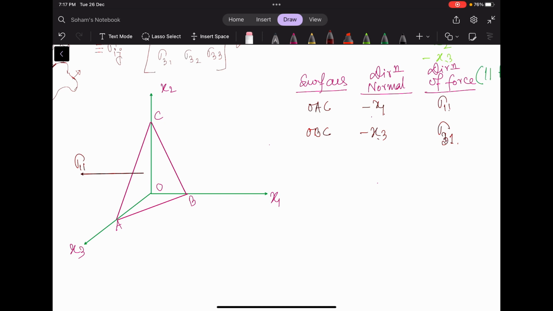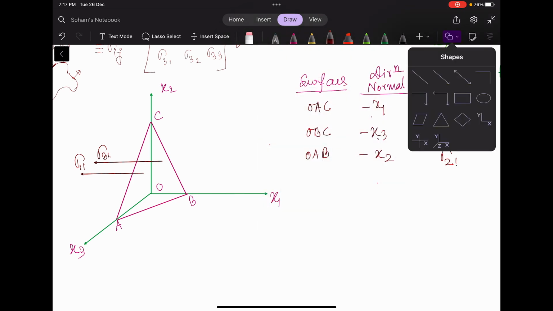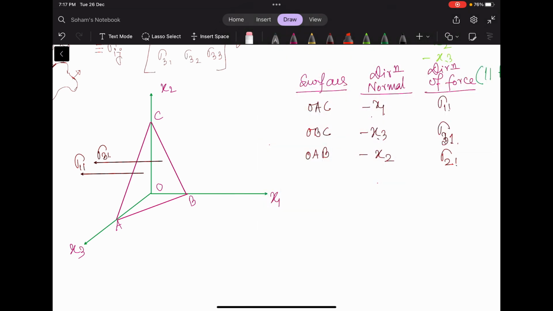Similarly all these forces will have direction towards minus x1, so this will be sigma 3 1 acting on OBC. Similarly OAB will be x2, sigma 2 1, and OAB also will have this in this direction.